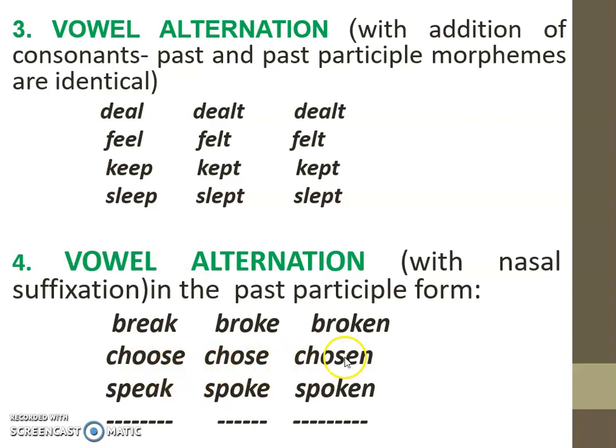Choose, chose, chosen. So the goose changed into goat there again. And the fleece, speak, spoke, spoken. The fleece changed to the goat in both cases. And also we have addition of what? Sounds. We have addition of the nasal. Broken, chosen, spoken. We have this nasal suffixation.